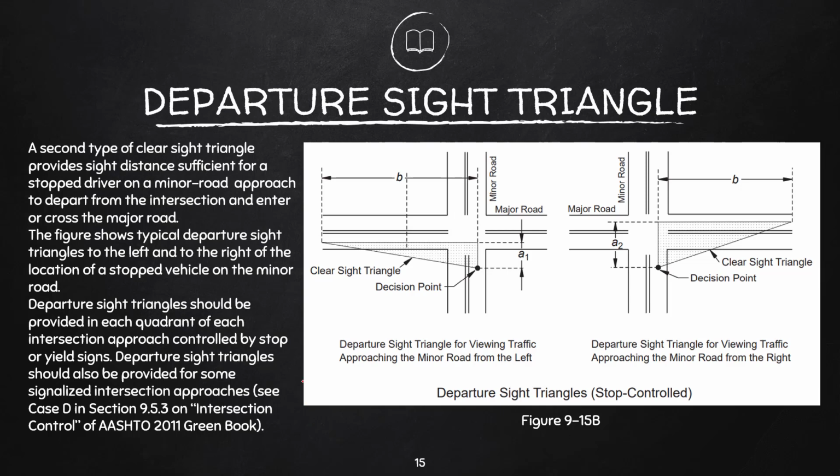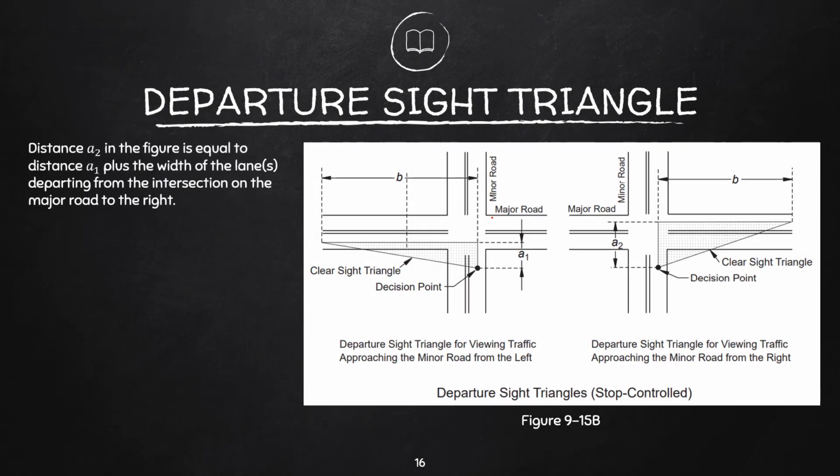But this statement means that we provide departure sight triangles for uncontrolled, and of course they should be provided for controlled intersections, because if that is controlled, for example, if the traffic light directed the vehicles from here to stop, then they will have a mandatory stop, and that is where we provide departure sight triangles.